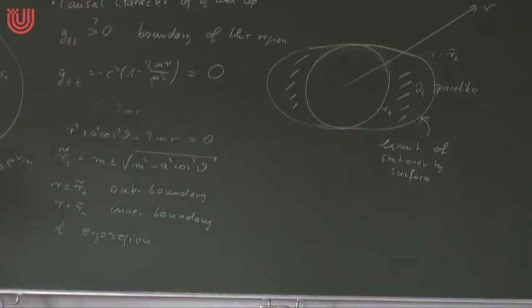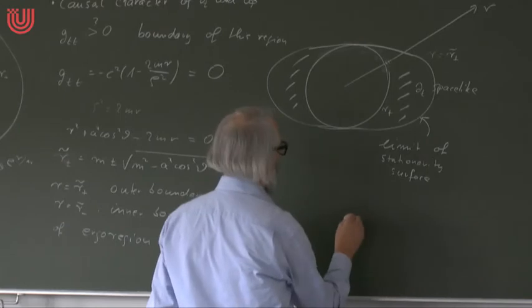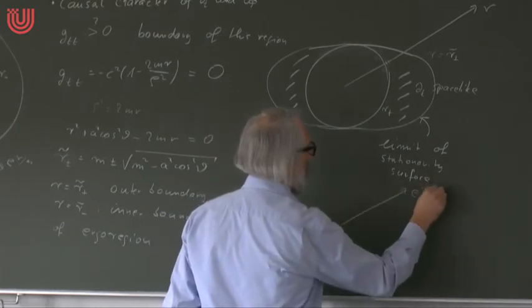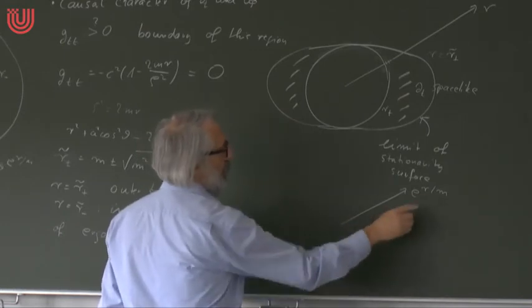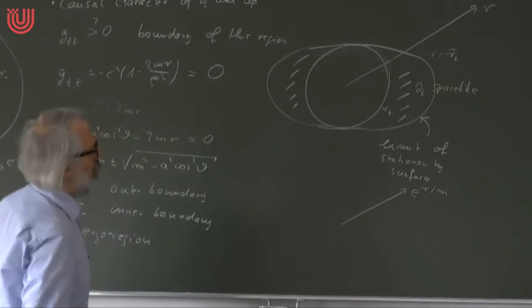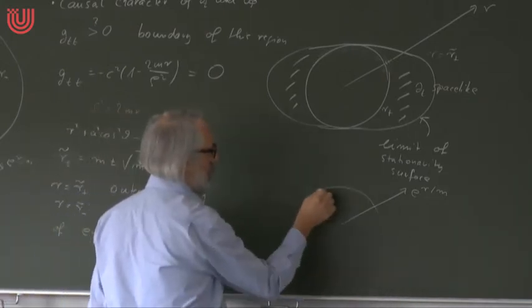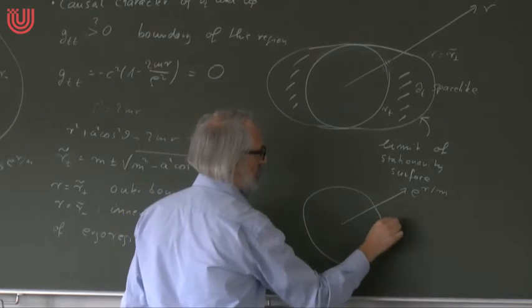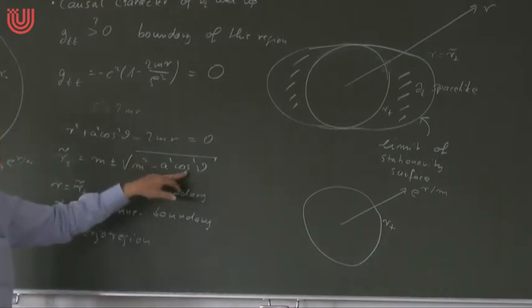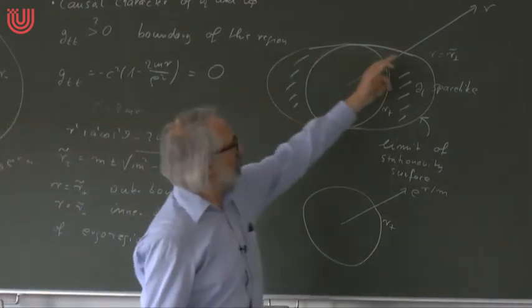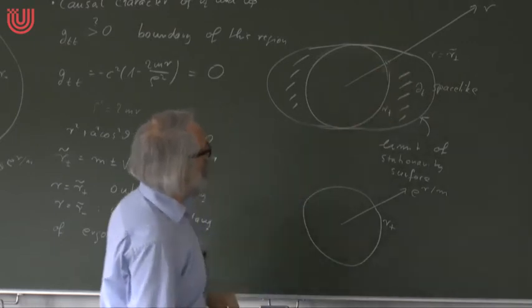So if you use this representation, then the picture is a little bit deformed. If you use e to the r over m for the radial coordinate, then r equal constant, so the horizon is still a sphere. The horizon is still a sphere, but because the relation between the radius coordinate and the theta coordinate is now different from the old representation, it no longer has an elliptical cross section.